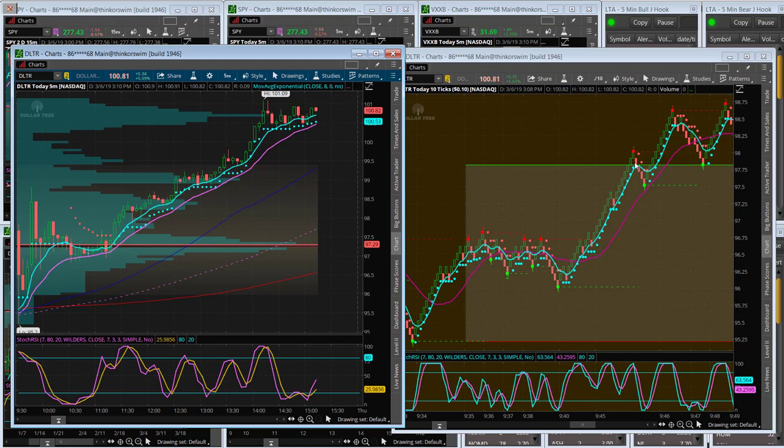Now, I'm predicating this all on my ability to recognize things, and number 2, the fact that I have extremely low commissions. I could buy 50 or 100 shares of this and make money because I use Interactive Brokers and only have to pay somewhere around $1 round trip, sometimes $2 round trip for upwards of 200 and 400 shares.